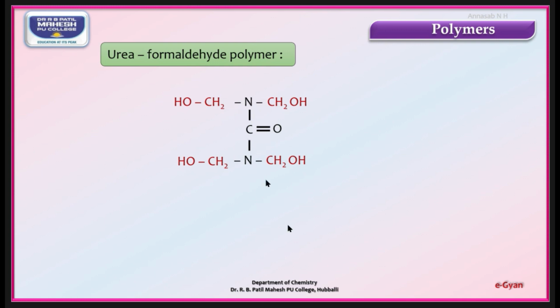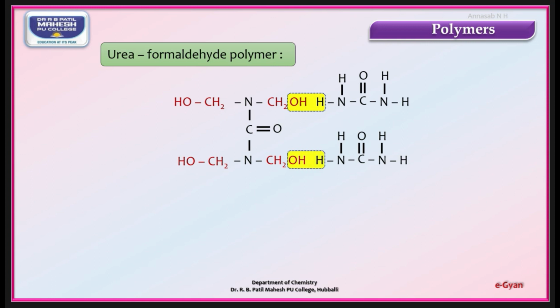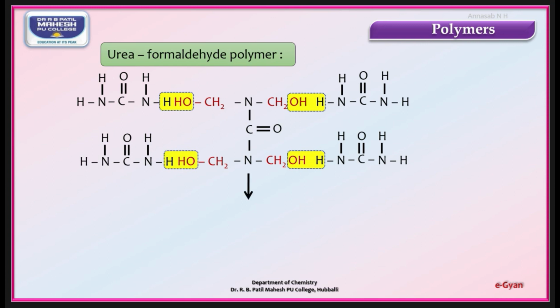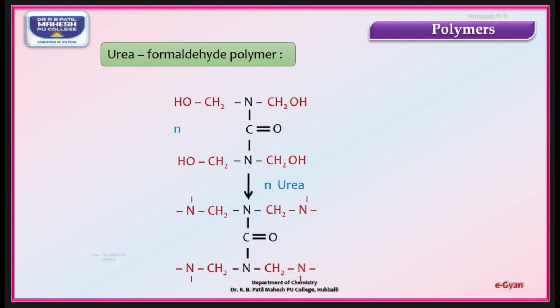This compound is an intermediate which reacts again with another molecule of urea, NH2CONH2. There is a removal of a water molecule, again a condensation process. How many water molecules are removed? A total of 4 water molecules are removed, and if you take it N times, you get urea formaldehyde polymer.